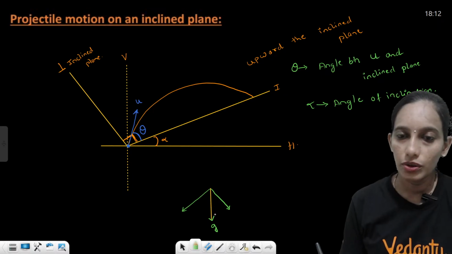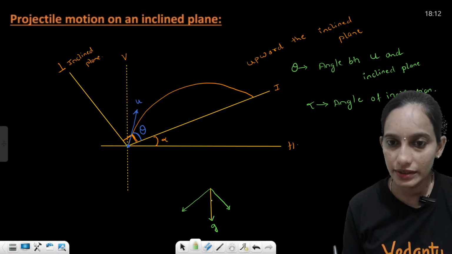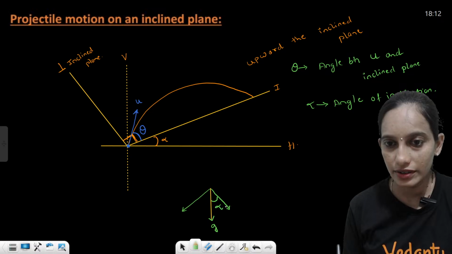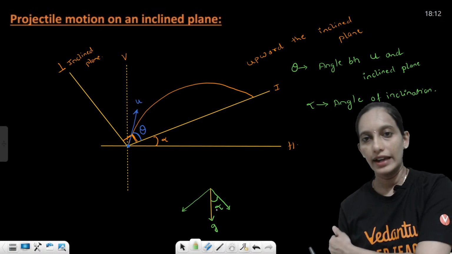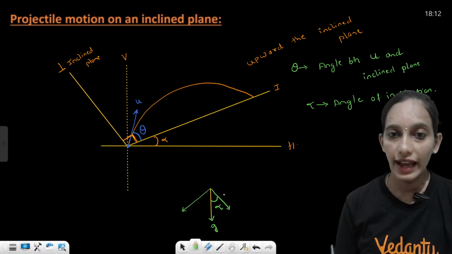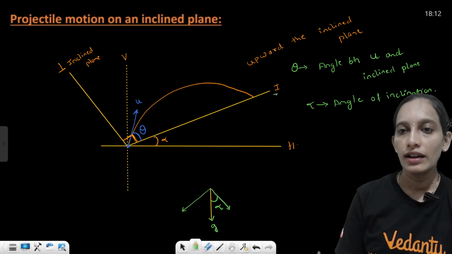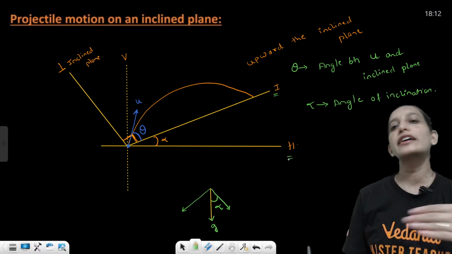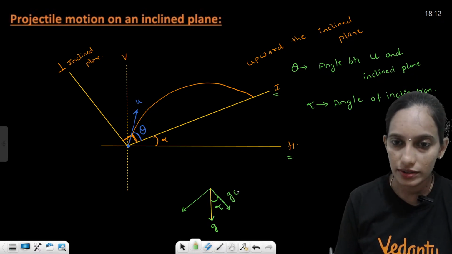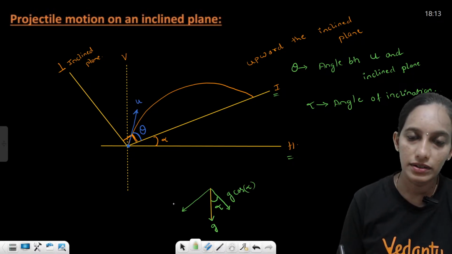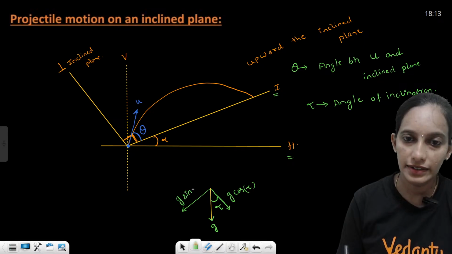The angle between the vertical direction and the perpendicular to the inclined plane is alpha, because the angle between the inclined plane and the horizontal is alpha, so the angle between their perpendiculars is also going to be alpha. So this is our g cos alpha and this is our g sin alpha.